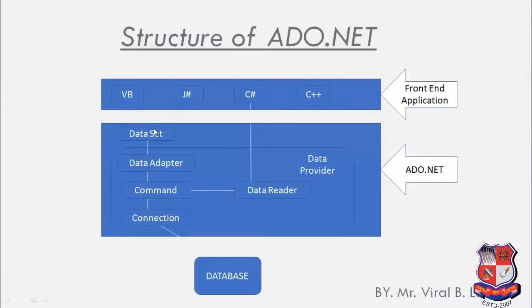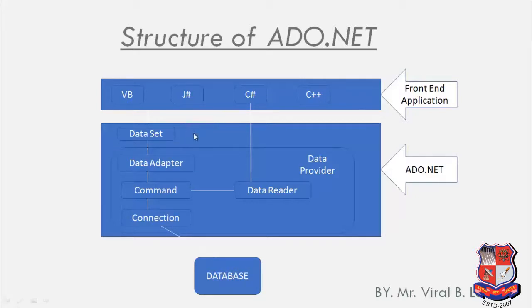We saw in the first lecture of the video that data set is a disconnected architecture. In this, what is going to happen? Data adapter firstly communicates with the database and establishes a connection. After establishing a connection, data adapter creates one data set and copies all data from the database, moves it to the data set and stores it in a data table.